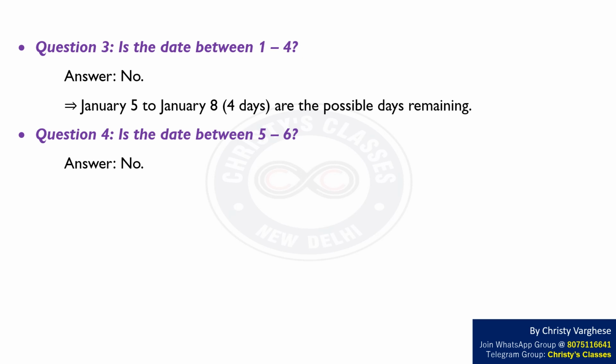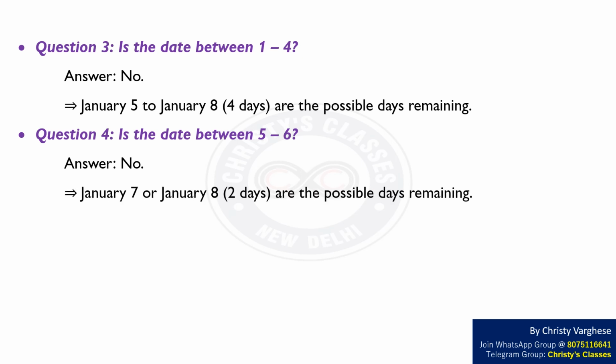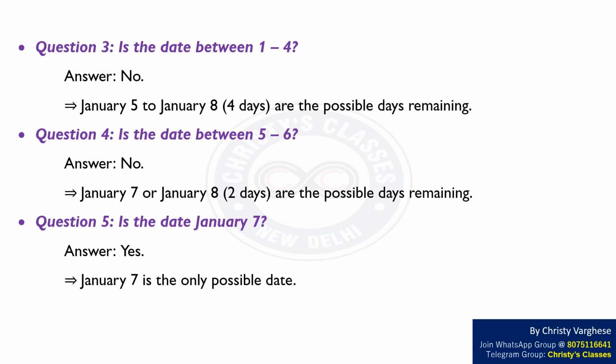The answer is no. This implies that January 7 or January 8 are the possible days remaining. Question 5. Is the date January 7? The answer is yes. This implies that January 7 is the only possible date.